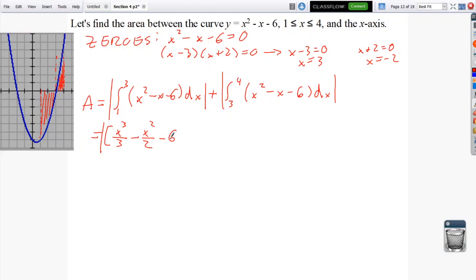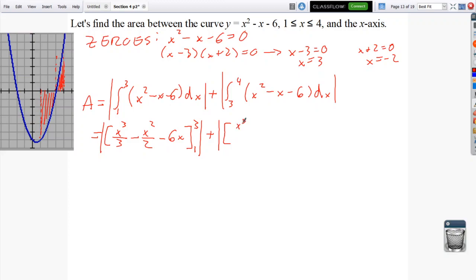Minus the antiderivative of x, add 1 to the exponent and divide by the new exponent. Minus the antiderivative of a constant is just linear. So good news: the second interval has the same antiderivative as the first, and we've saved ourselves a little bit of time.